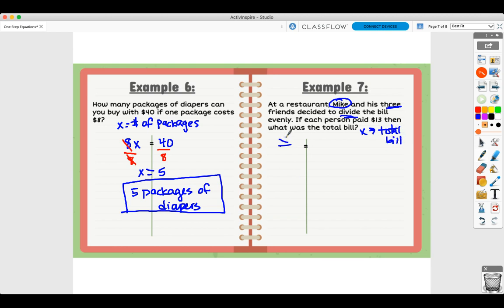So the total bill divided by the number of people paying, which is 4. Remember, Mike and his 3 friends, 1 plus 3 is 4. And then that's going to equal how much each of them pay. Okay? And now dividing here, so you're going to multiply 4 to each side.